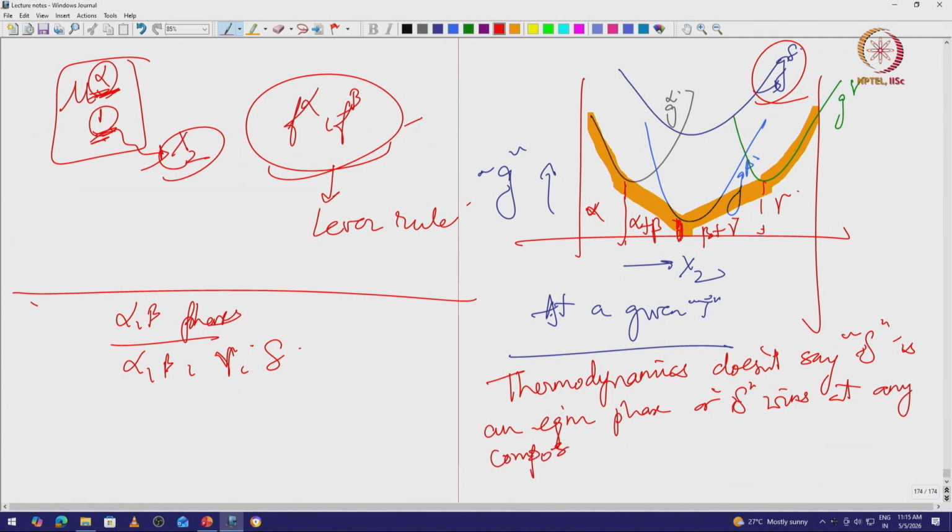Because the g of delta is always larger than some other g. It can be g of alpha plus beta, it can be g of beta plus gamma, it can be g of gamma, g of alpha, whatever is the recipe, right. So, always one of these is going to win over delta, right. So, delta is not something that I will see if I do the process thermodynamically, right.